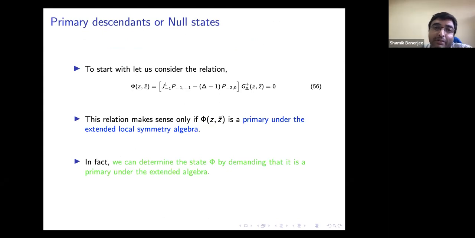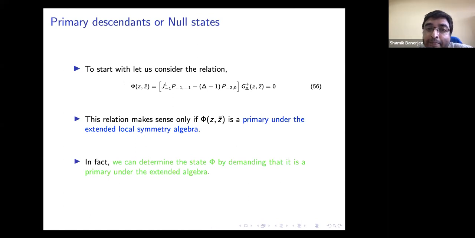This is very standard actually, these null states. We don't really have a notion of null state here because we don't have a norm. Okay, but what we can see is that, strictly speaking, they are primary descendants, and we can set them to zero.